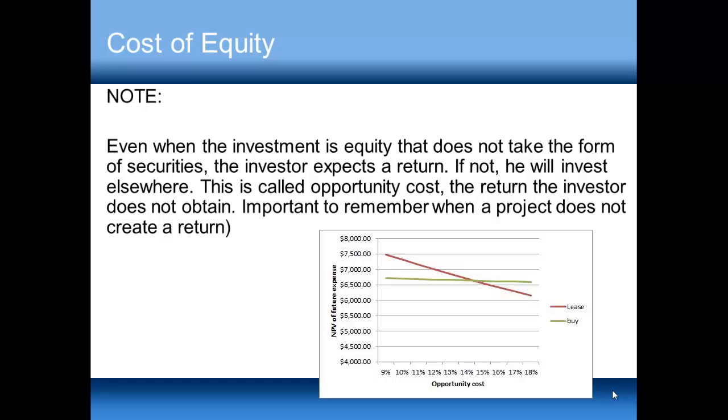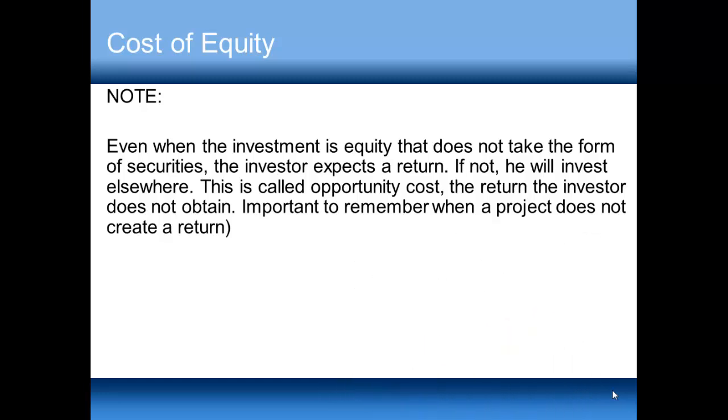That is called opportunity cost. In other words, if I cannot use that capital to do something because I've tied it up into an asset, I'm losing the opportunity to do another type of investment. The cost on my asset is what I'm losing somewhere else. This is really, really important, mostly if your project does not create a real return, just like the one I just explained with a photocopier.